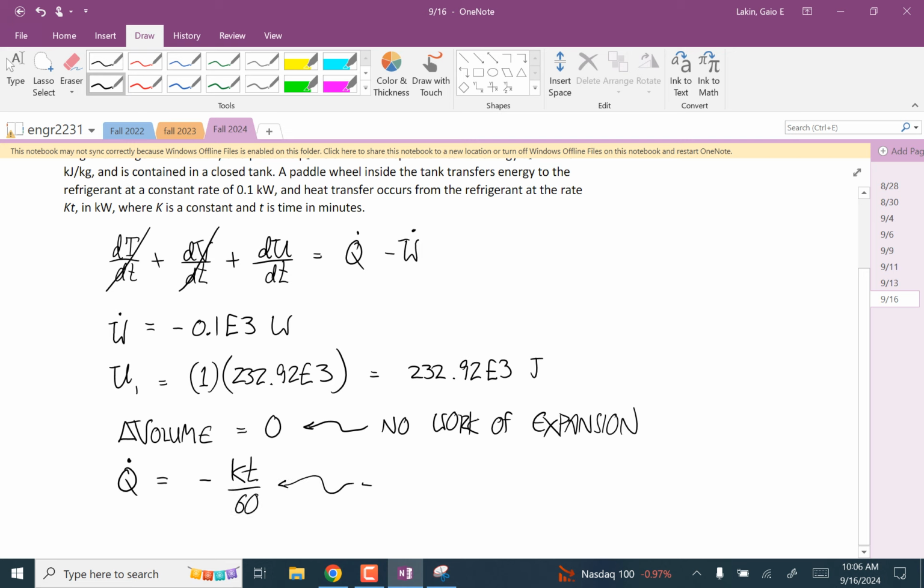Would it be negative 1,000? That's in kilowatts? Oh yeah, you're right. So 1,000 over 60 is 50 over 3, so 16.6 repeating kT in seconds.